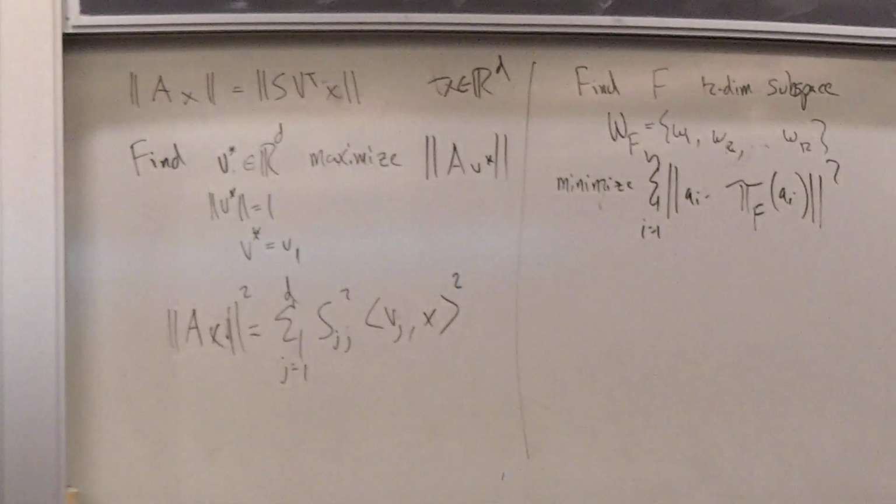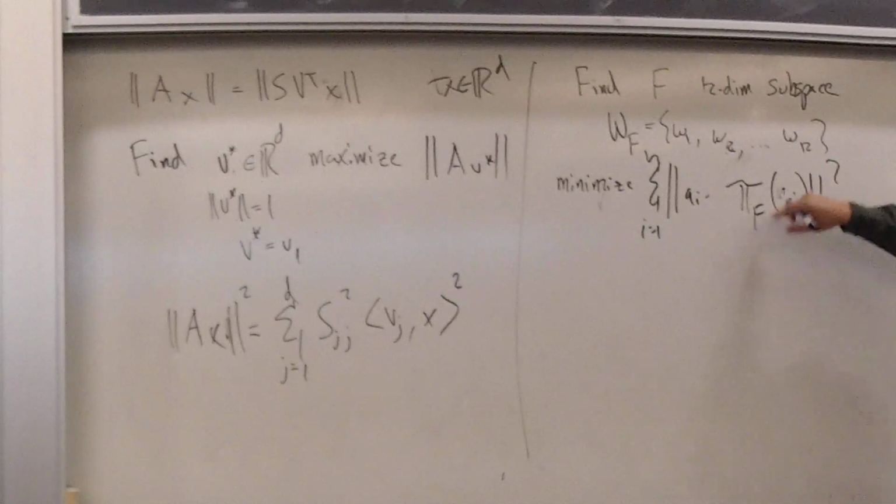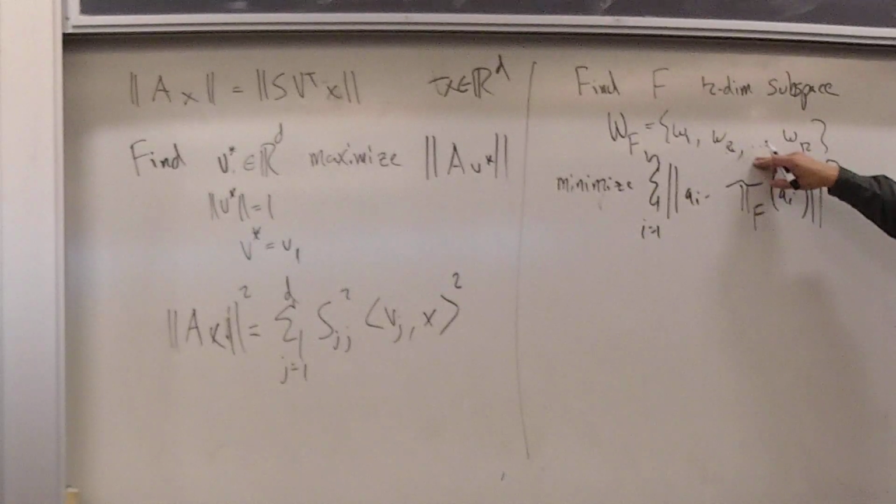Okay, so this was the sum of the squared errors thing that I want to do, and I want to argue a little bit more formally now, using these properties, that this is going to be defined by the top k right singular vectors here.